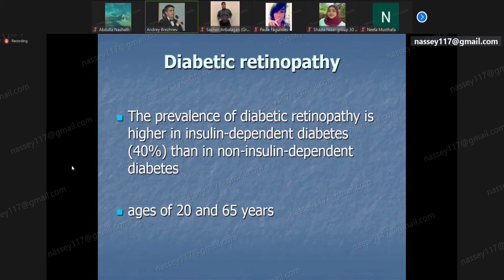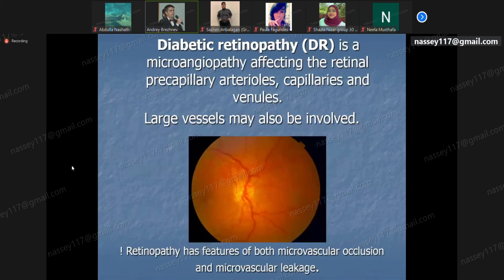Diabetic retinopathy is a microangiopathy affecting the retinal precapillary arterioles, capillaries, and venules. However, large vessels may also be involved. Retinopathy has features of both microvascular occlusion and macrovascular leakage.